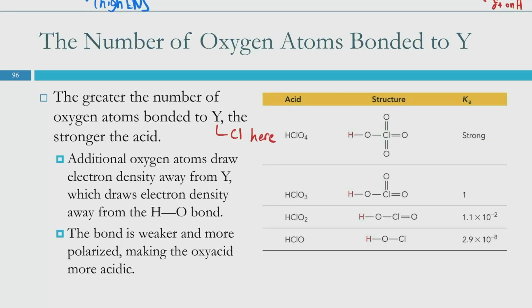So perchloric acid, that's one of the strong acids that you're expected to know, is strong. If we remove one of those oxygens, our Ka value drops to 1. If we take another one off, 1.1 times 10 to the minus 2, still a relatively strong weak acid. And then HOCl, hypochlorous acid, is a relatively weak acid.